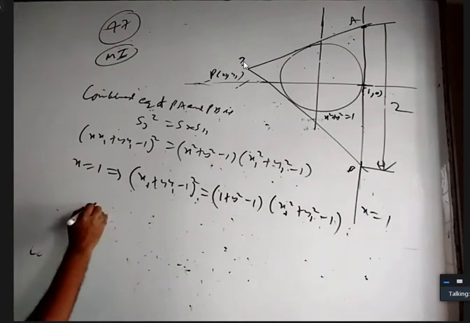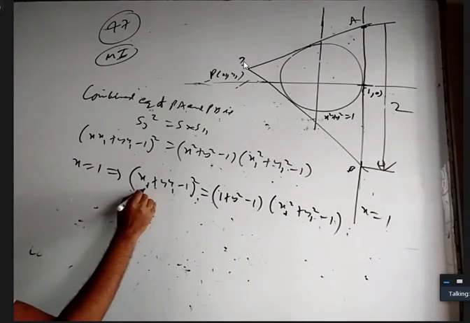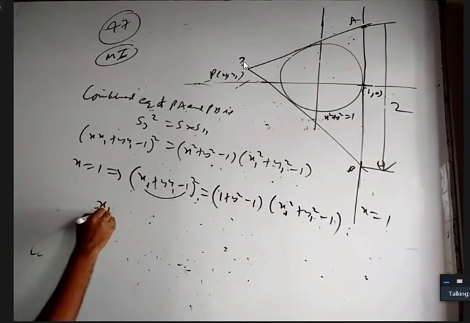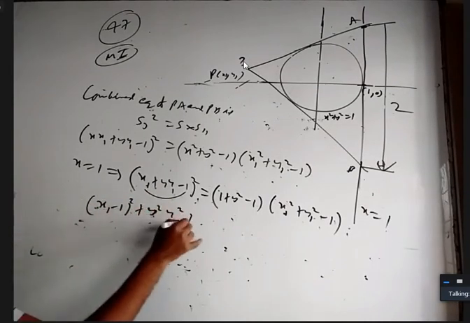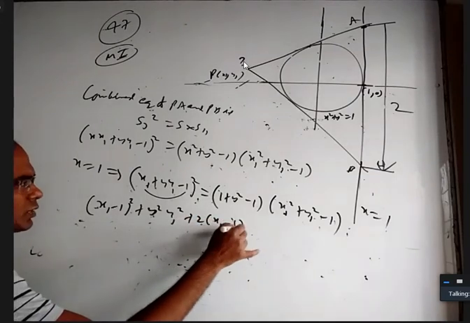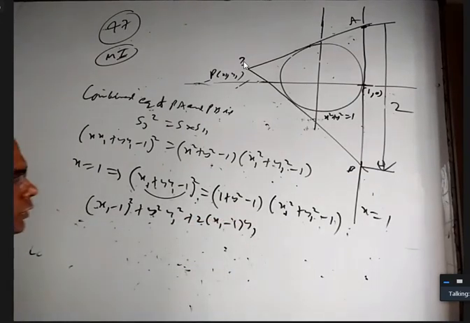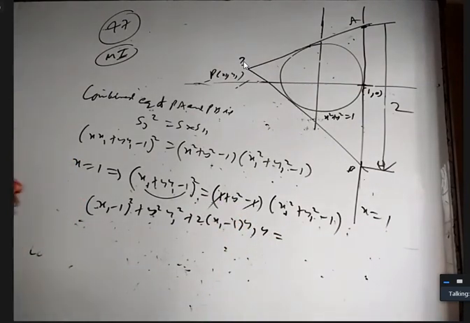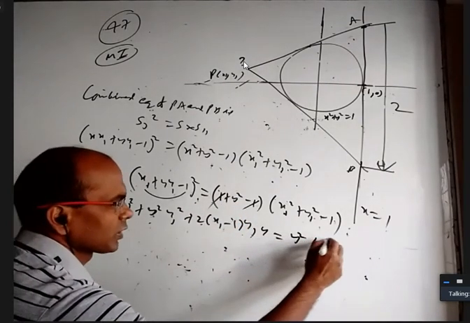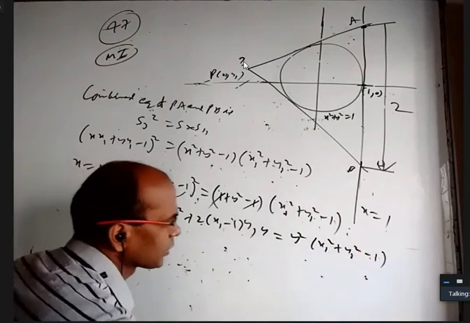Now, to expand, I want to combine these two together. We get x1 minus 1 whole square, y1 square, plus 2 into x1 minus 1 into y1 into y. Yeah, this will cancel actually. We are getting y square into x1 square plus y1 square.